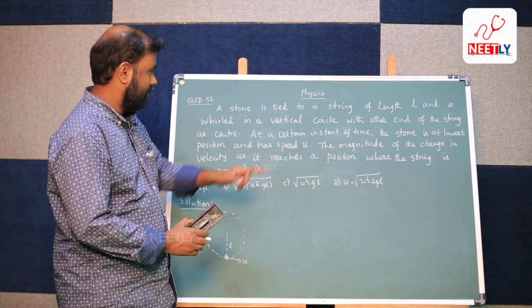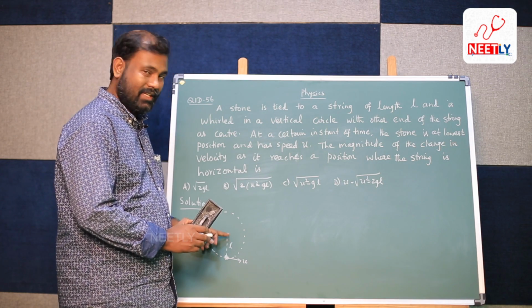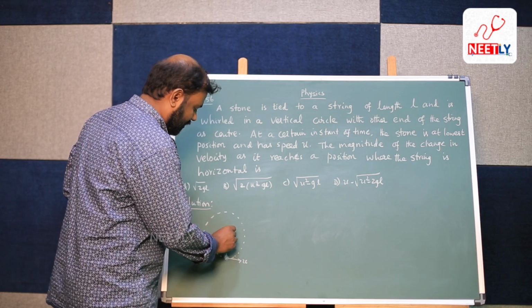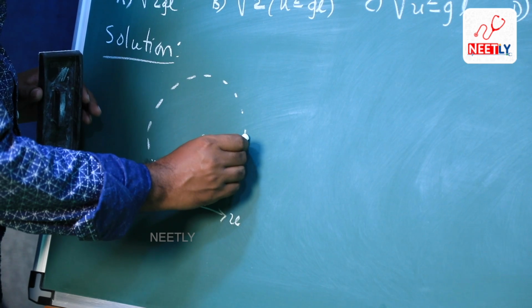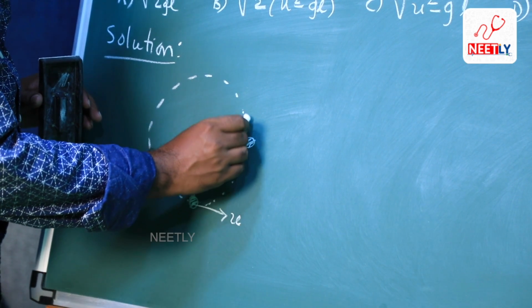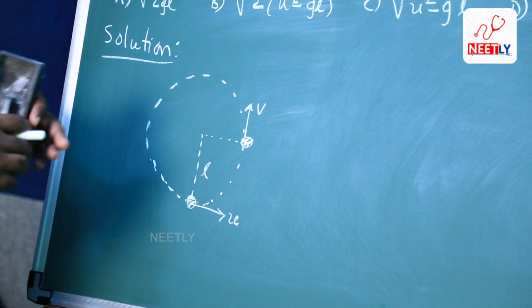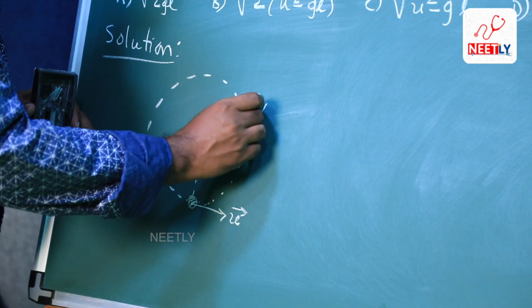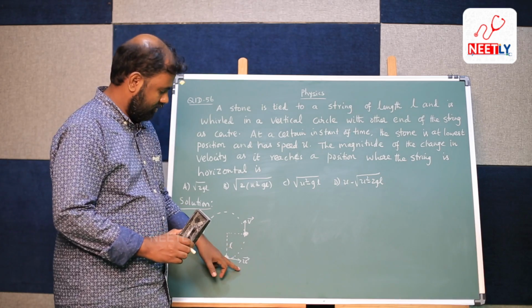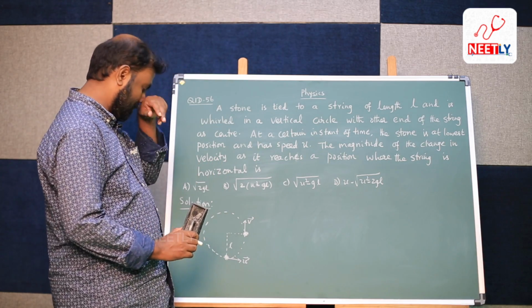When the string is at a horizontal position, it has a velocity v. So, what is the change in velocity with respect to this position?